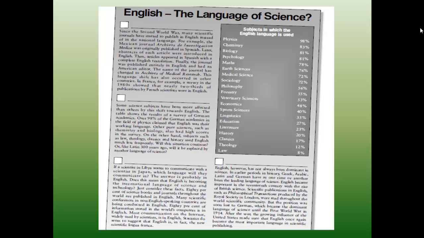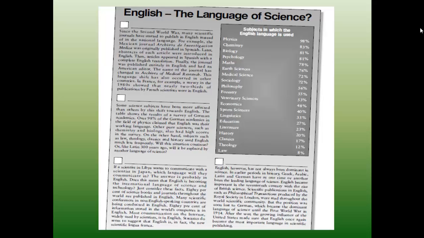This language shift has also occurred in other countries. In France, for example, a survey in the 1980s showed that nearly two-thirds of publications by French scientists were in English. Some science subjects have been more affected than others by this shift towards English.